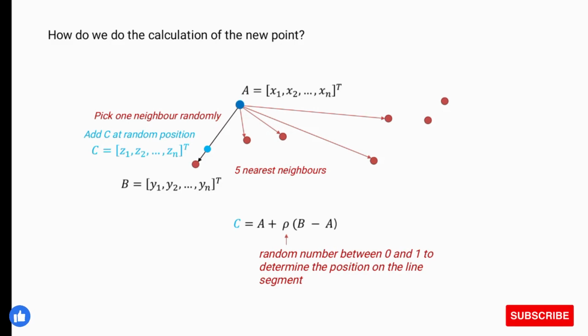So how much of that difference do we want to apply? If it's 1, that's the same as saying we want it to be B. If it's 0, 0 times anything is going to be 0, so it's going to be point A. If rho is 0.5, we add it in the middle of the line. Rho is picked randomly each time. So it's somewhere along that difference.